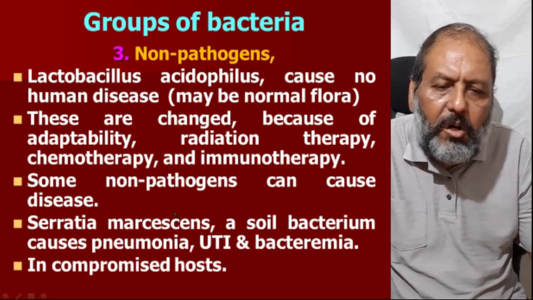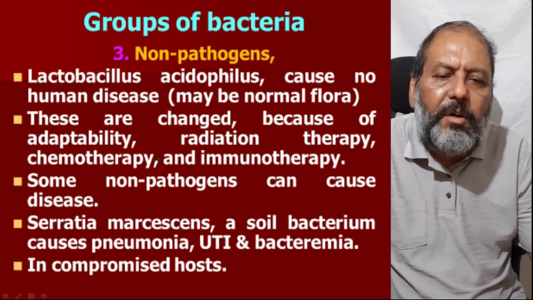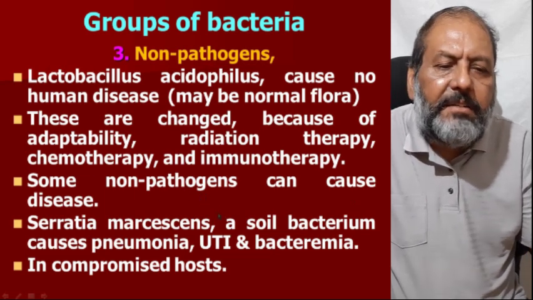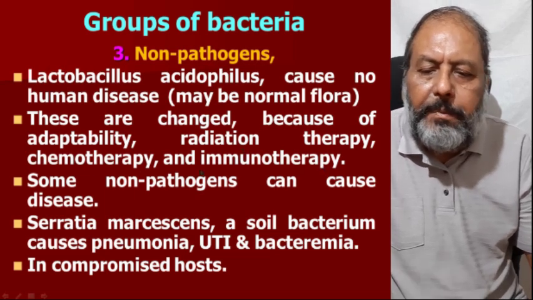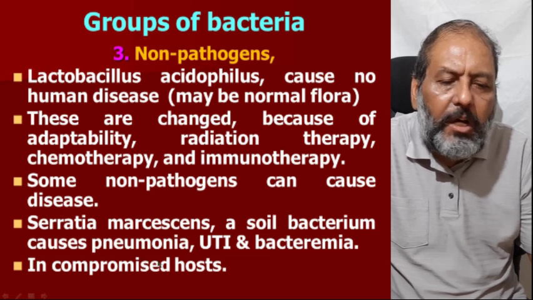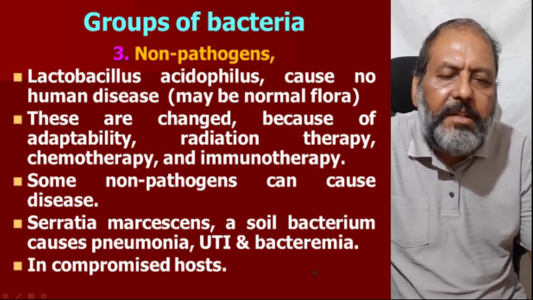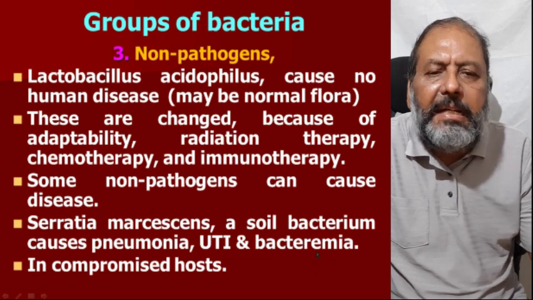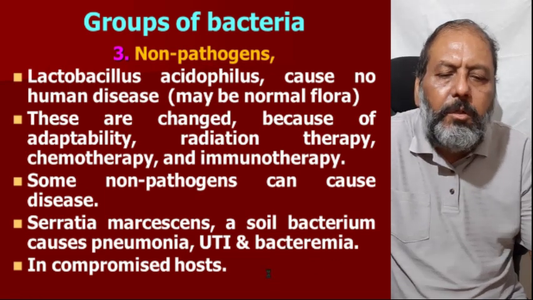Some non-pathogens can then cause disease under the influence of all these changes. Serratia marcescens, a soil bacterium, causes pneumonia, UTI, and bacteremia when it gets the opportunity in an immunocompromised host.